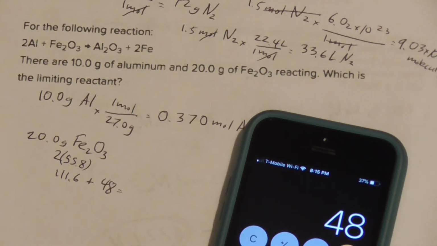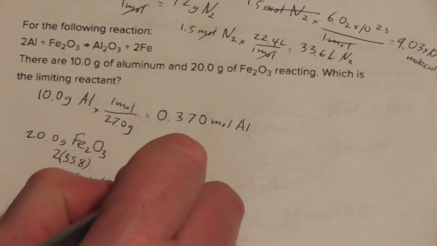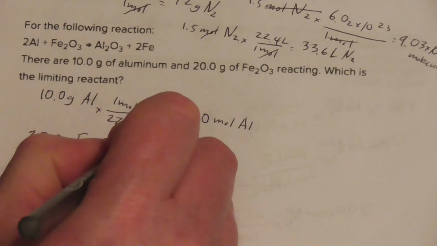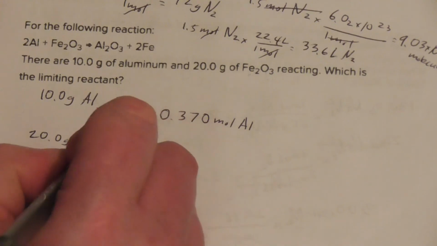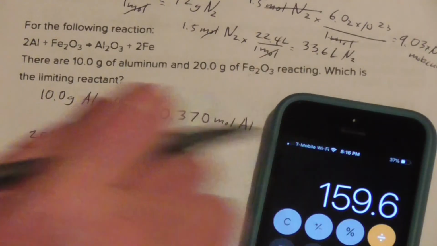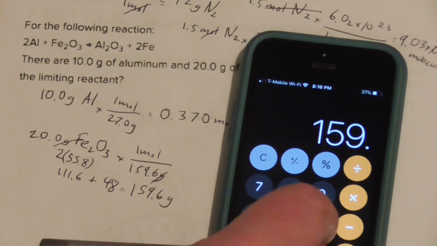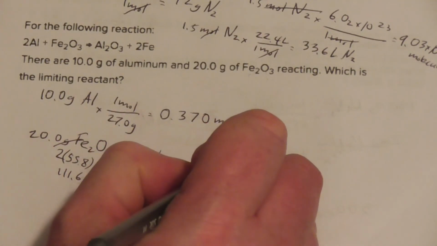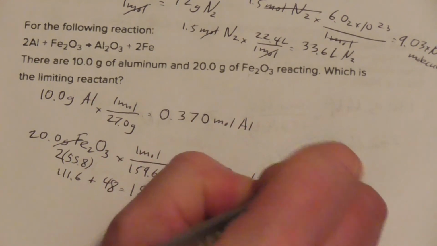And that ends up giving me 159.6, the gram molar mass for iron 3 oxide. 1 mole over 159.6 grams. My grams cancel out. 20 divided by 159.6 is 0.125 moles of iron 3 oxide.